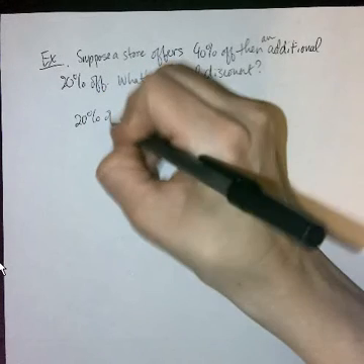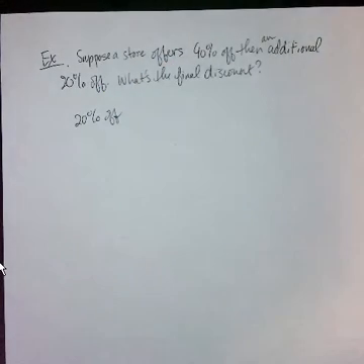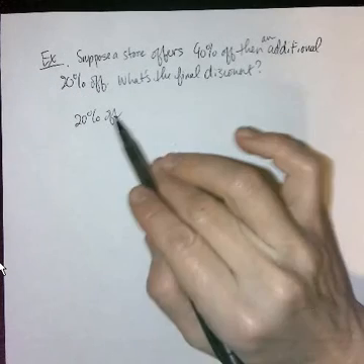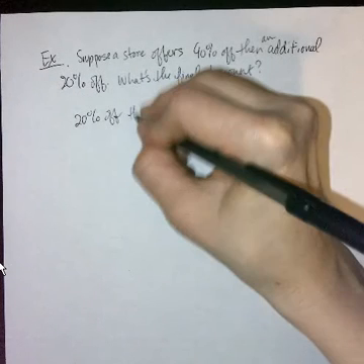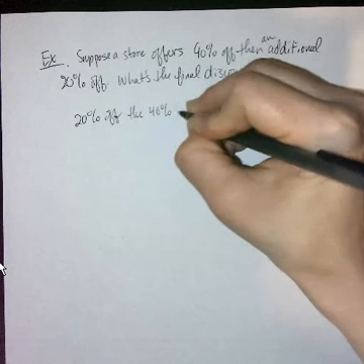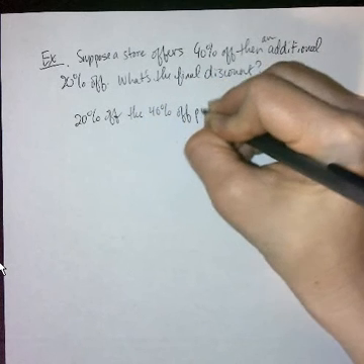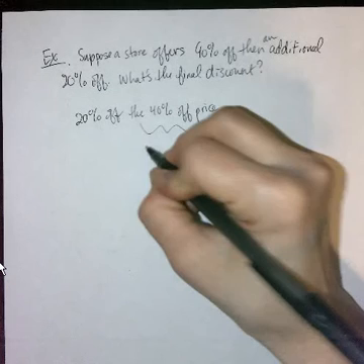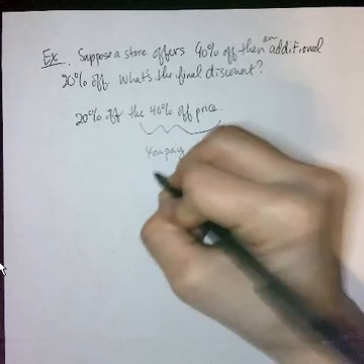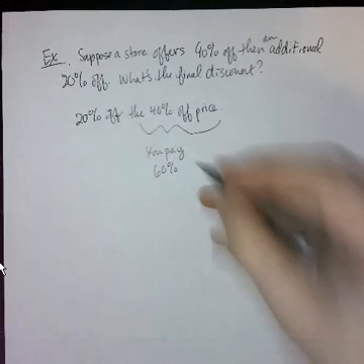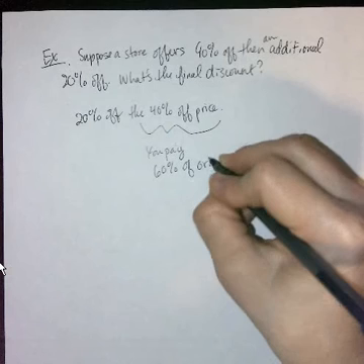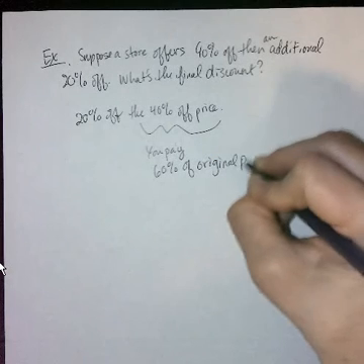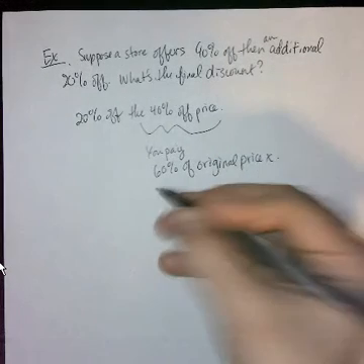So this is really an inner and an outer part you're composing: 20% off the 40% off price. So what's the 40% off price? You pay 60% of the original price X, so this is 0.6X.